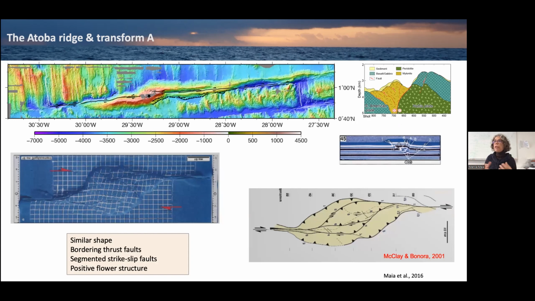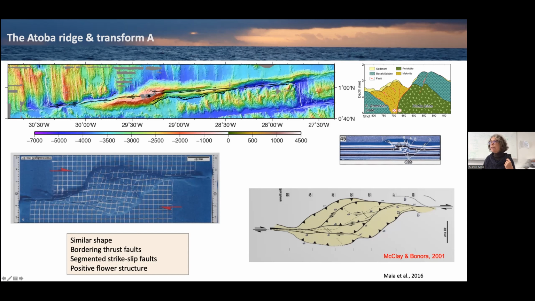And if you look at the structure of Atoba and compare with analog laboratory models of transpressive features, you see that the shape of Atoba and the distribution of the strike-slip faults and of the thrust faults is very similar to the results of these laboratory experiments, as the one here from Maclay and Bonora, and we see that we have the same structural pattern that we observe in Atoba, and also a cross profile along one of the points of the ridge.